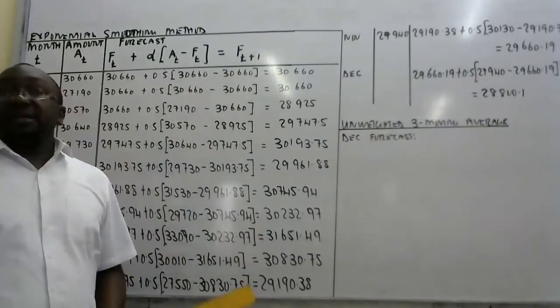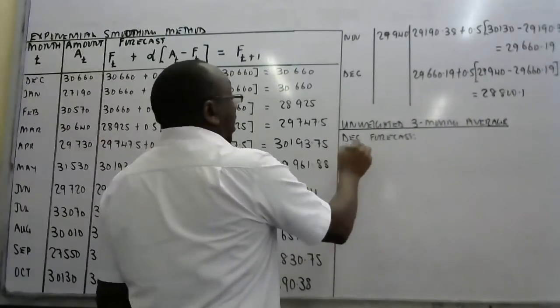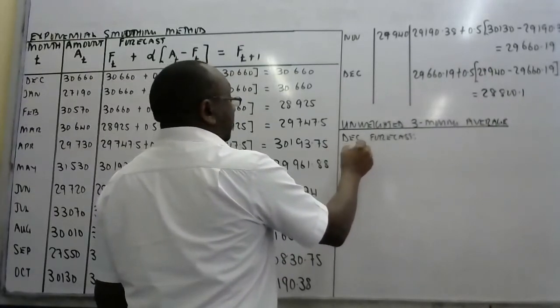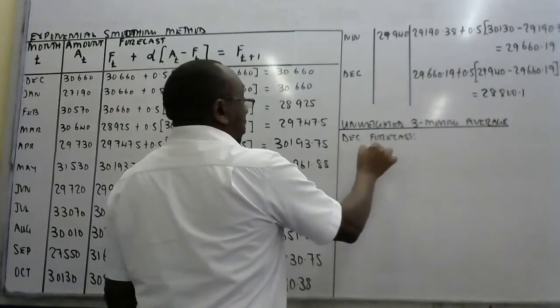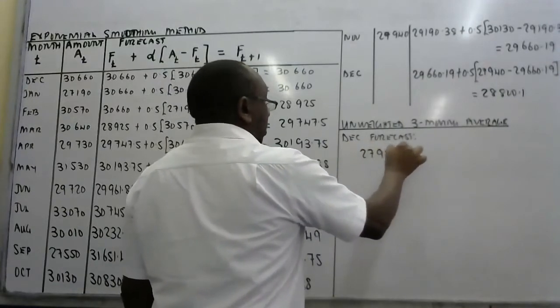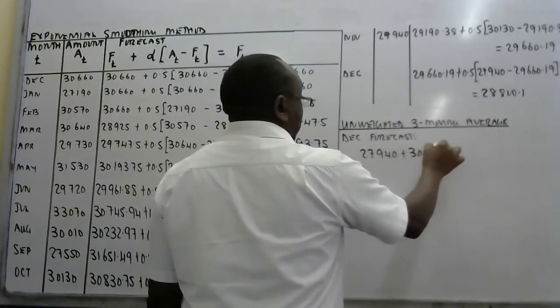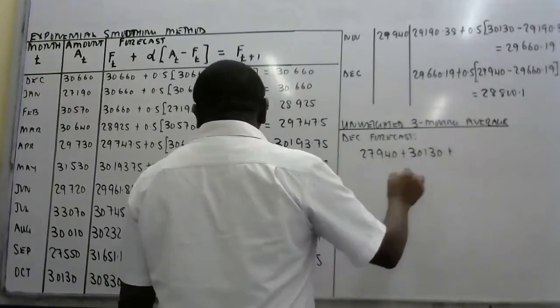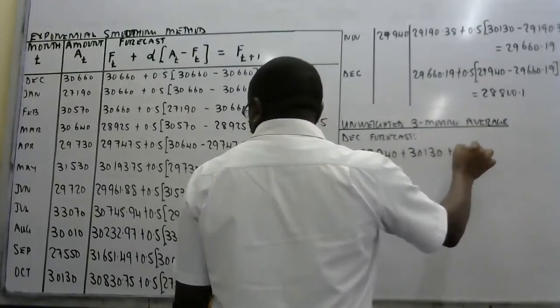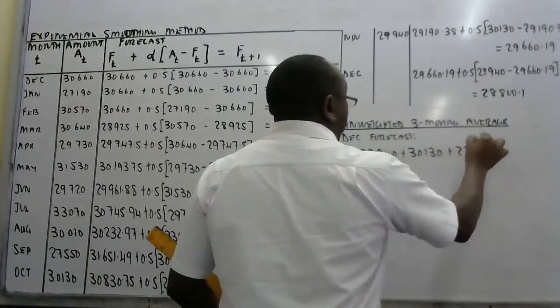So the last three are 27,940 plus 30,130 plus 27,550.